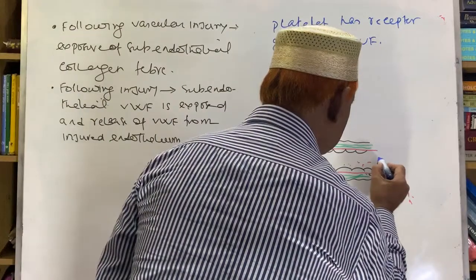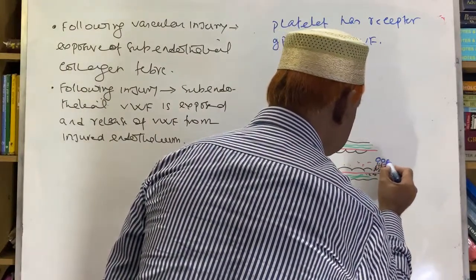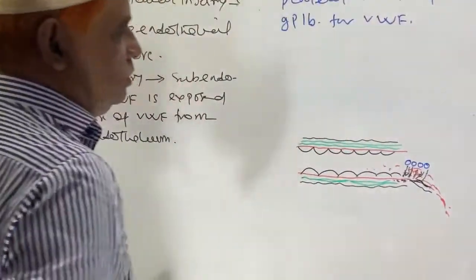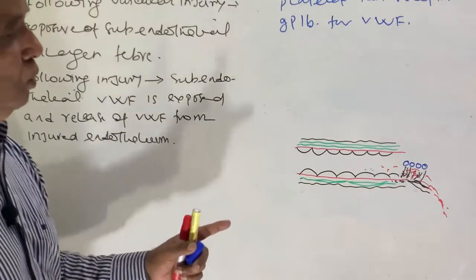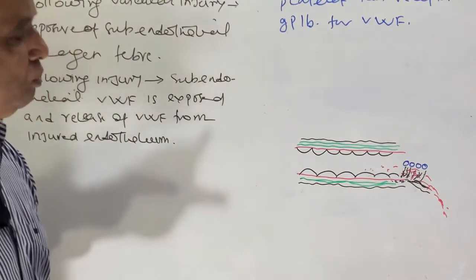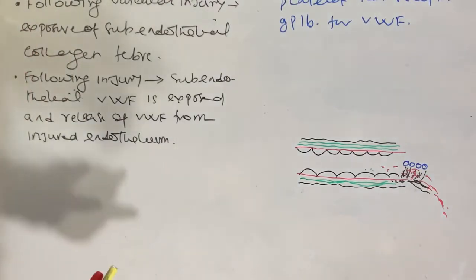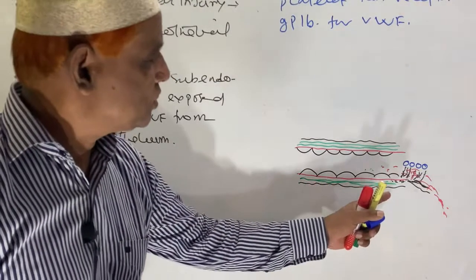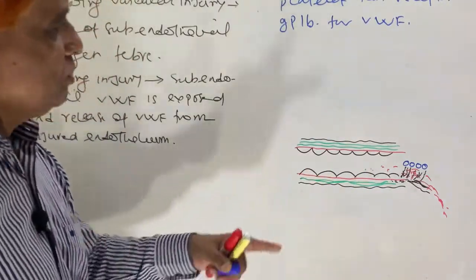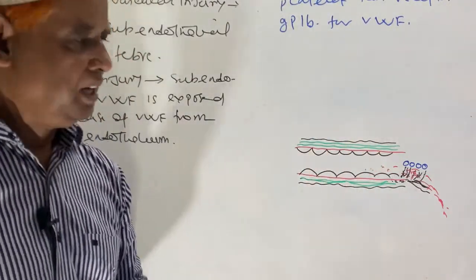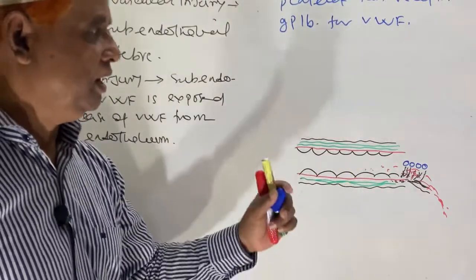Suppose these are the platelets. Now the platelet, with the help of von Willebrand factor, adheres to the collagen fiber, and this is called platelet adhesion.